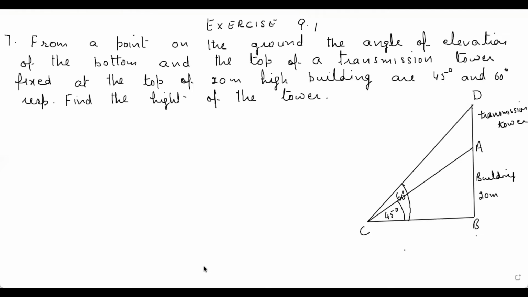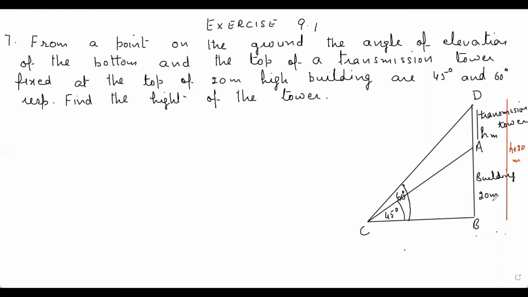Let the height of AD be h meters. Then the height of DB is h plus 20 meters. Let me repeat it. C is a point on the ground. AB is a building.